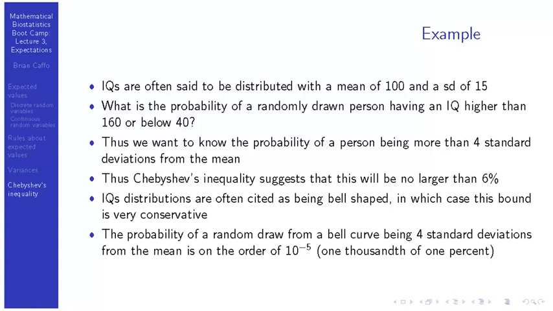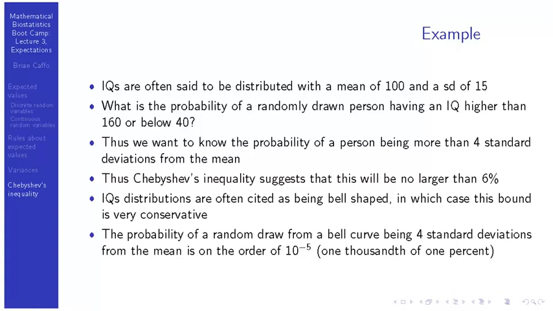But let's skirt that discussion and just say, let's suppose intelligence quotients really are distributed with a mean of 100 and a standard deviation of 15. What's the probability that a randomly drawn person from this population, with IQs of mean 100 and standard deviation of 15, has an IQ higher than 160 or below 40?